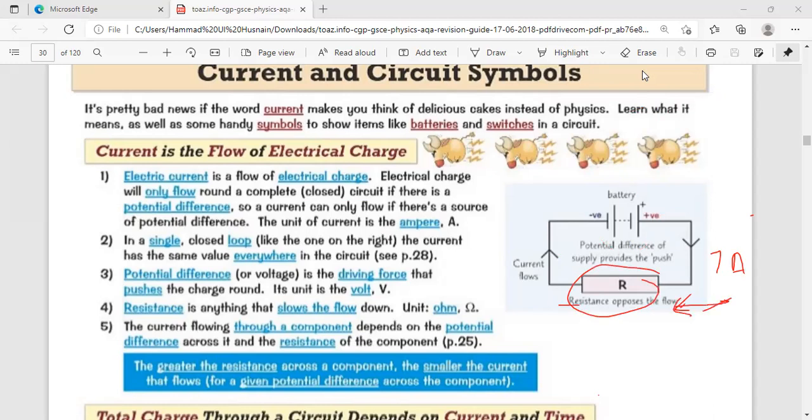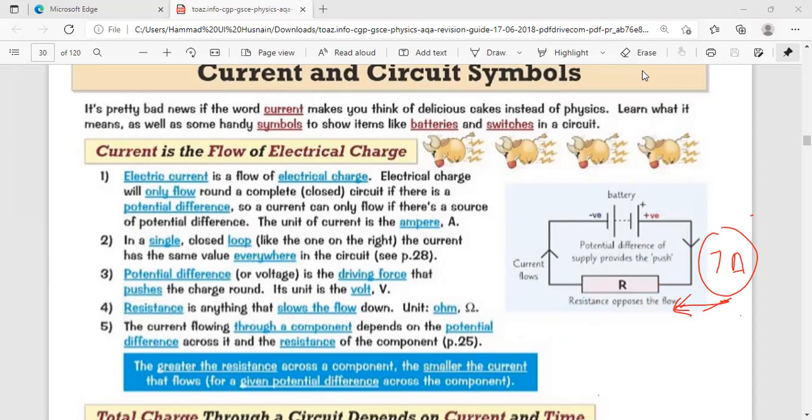When it comes out from this resistance, some of this electric current is consumed by this resistance, and it might be like 3 ampere after this resistor, or it might be 2 ampere after this resistor. Or you can say that the resistor opposes the flow of current or flow of charges, right?